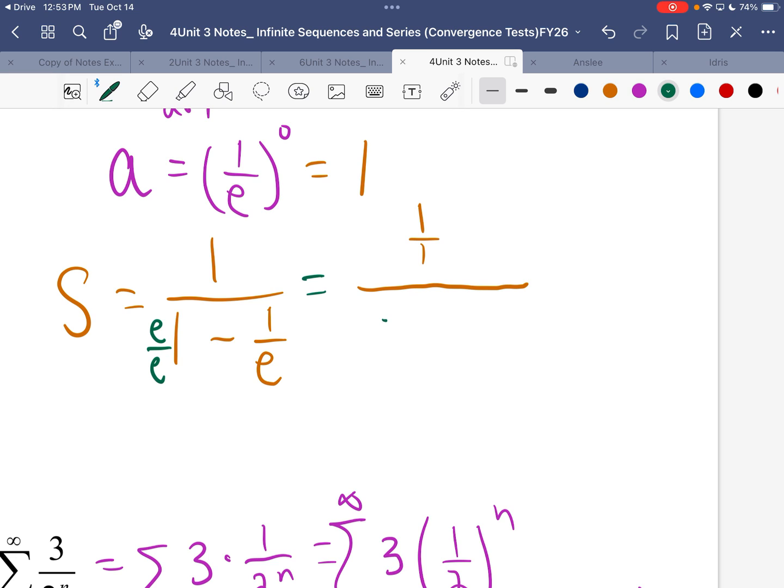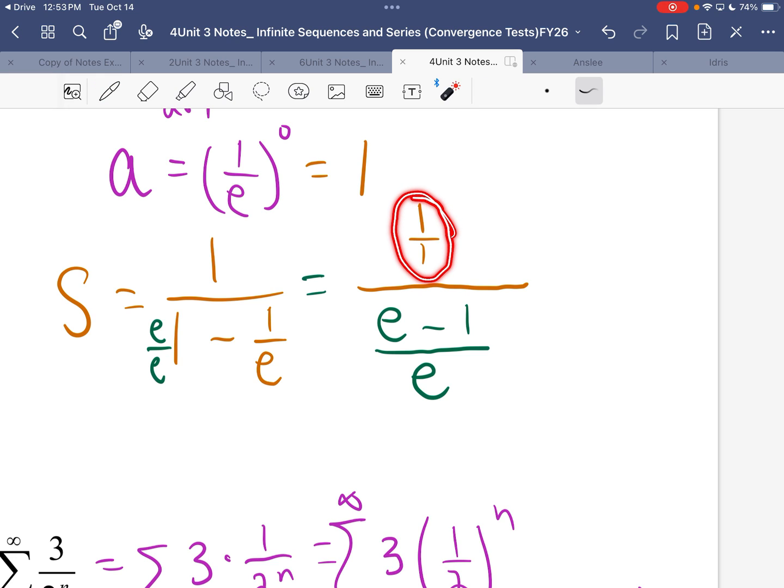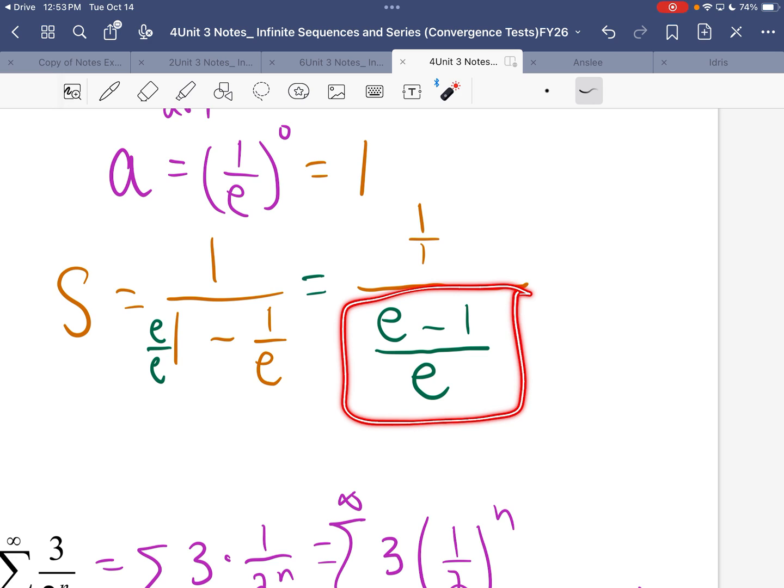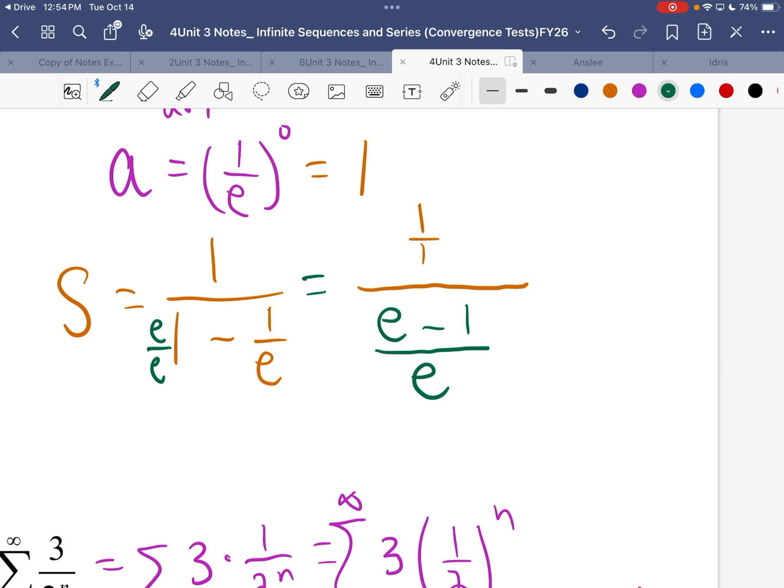And then e minus 1 all over e is the denominator. I wrote this 1 like this to help me remember that my numerator was 1 and all of the denominator was e minus 1 over e. So when I have a fraction divided by a fraction, what do we do? Keep, change, flip. So I'm keeping the first fraction, changing the sign to multiplication, and then flipping the bottom.